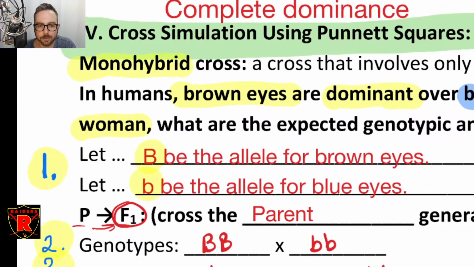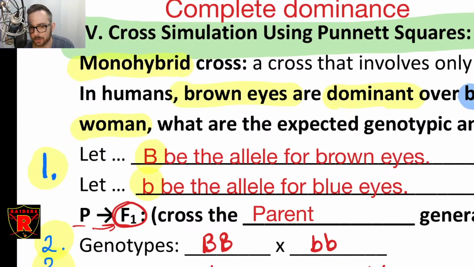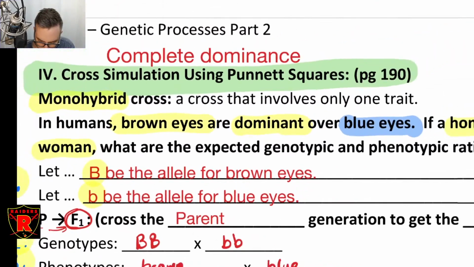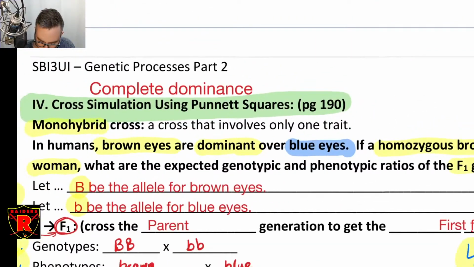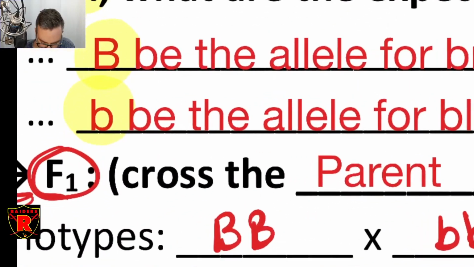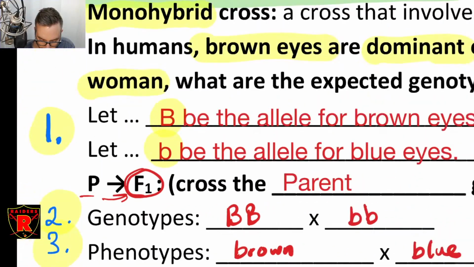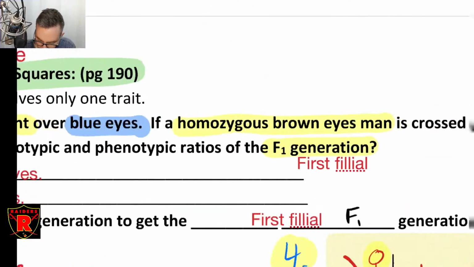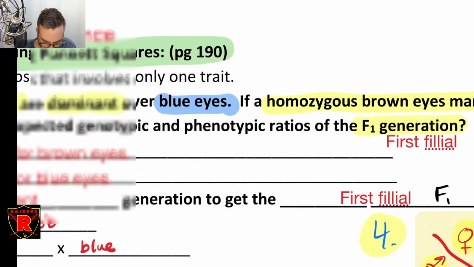The second thing that you do need to include is the genotypes of the parents. You'll remember from the question, it says a homozygous brown-eyed man. Homozygous brown would be big B, big B. And then it says a blue-eyed woman.